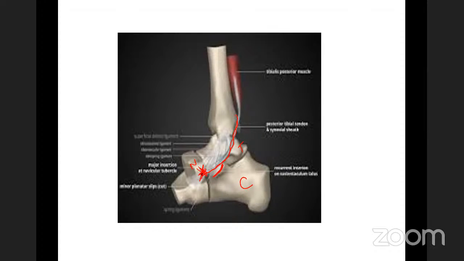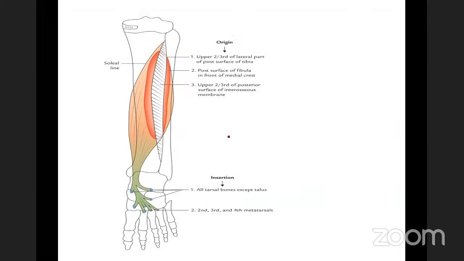As it attaches to the tuberosity of the navicular bone, it sends one more slip to the sustentaculum tali. It sends many slips to the various tarsal and metatarsal bones except the talus. We will discuss that. This is an MCQ question. After taking its origin, it attaches to the tuberosity of the navicular bone.